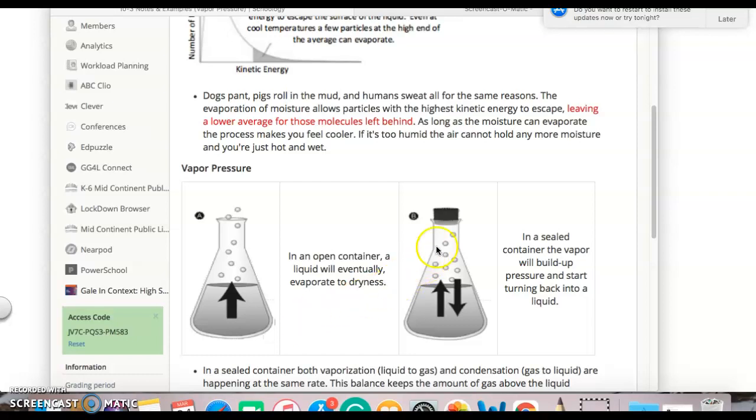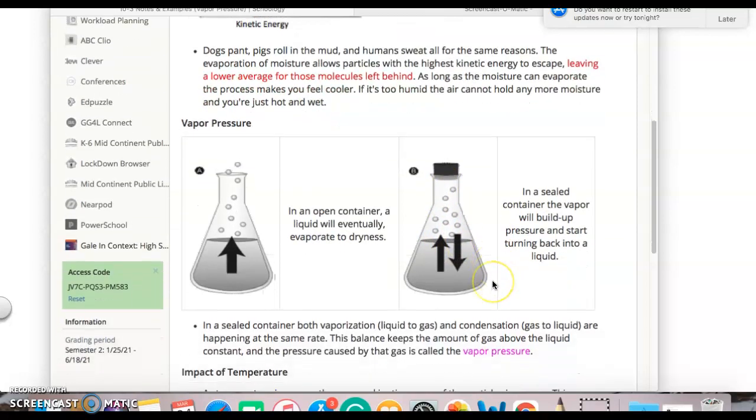However, what happens if we cap it off? We have molecules at the surface that are still evaporating off, but they don't have anywhere to go. So those gas molecules will condense, meaning that they turn back into a liquid, and that builds up pressure in the flask, and that is what is called vapor pressure.